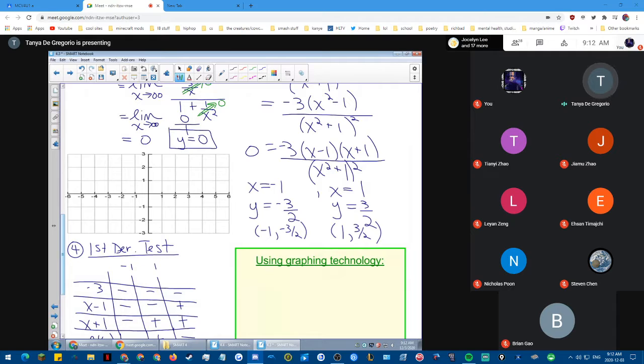So start with your intercept. We have 0, 0. And then we have the point -1, -3/2. And then I have 1, 1.5. I have a horizontal asymptote. That can come out nice and well.